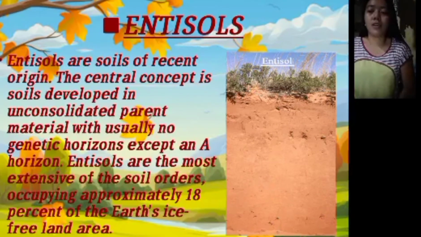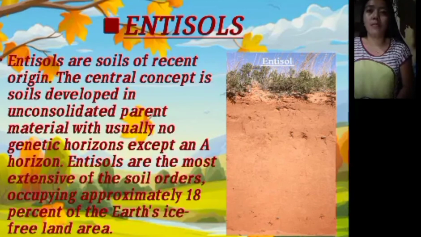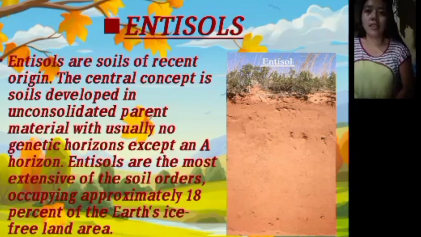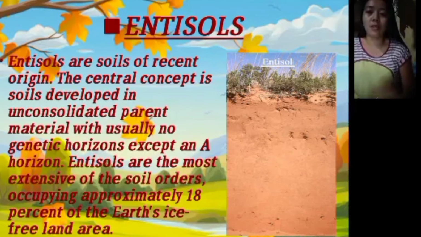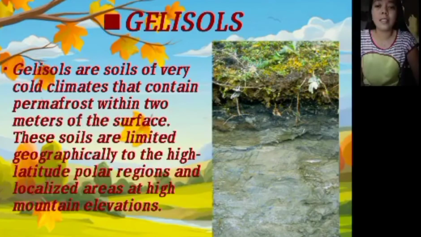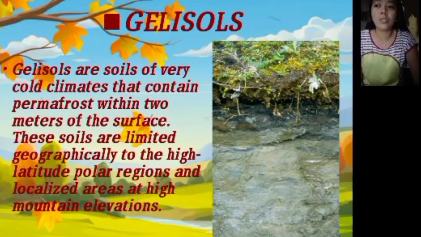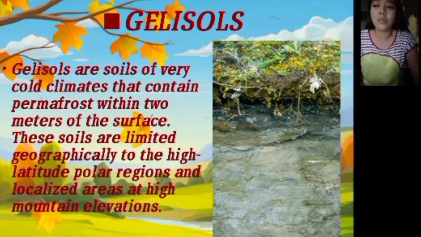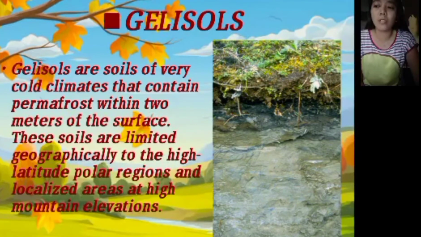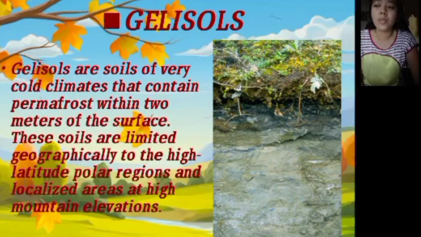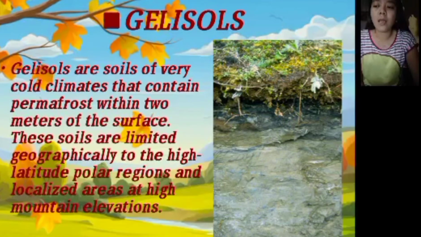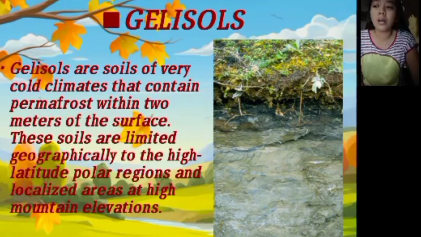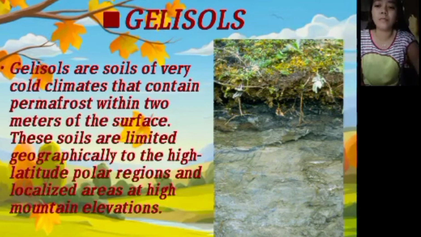They are defined by the absence or near absence of horizons, layers that clearly reflect soil-forming processes. Last is gelisols. Gelisols are soils of very cold climates that contain permafrost within 2 meters of the surface. These soils are limited geographically to the high latitude polar regions and localized areas at high mountain elevation.